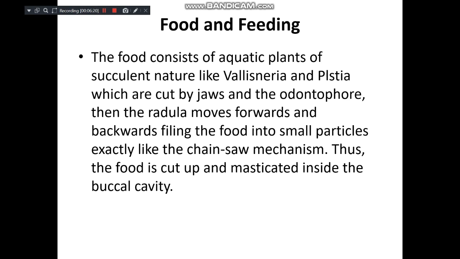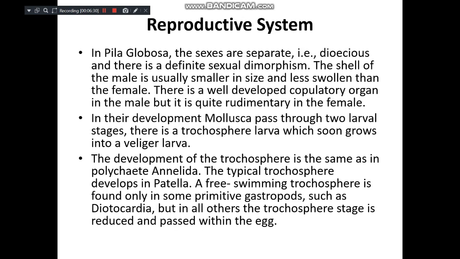Thus, the food is cut up and masticated inside the buccal cavity, which you can see here. And the digestive glands aid in the process of digestion by secreting a number of digestive enzymes.